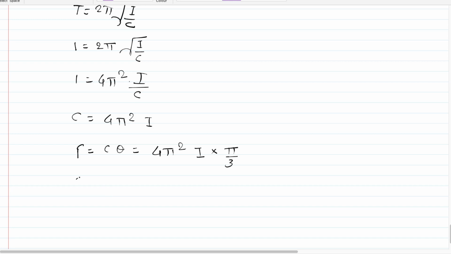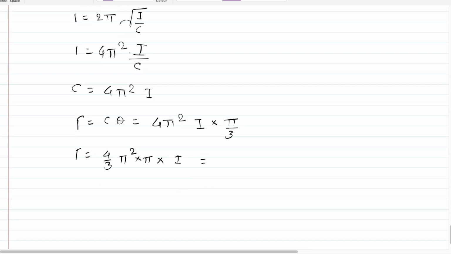Therefore tau equals 4 by 3 pi square into pi into I. This will be equal to 4 by 3 into pi cube into I.